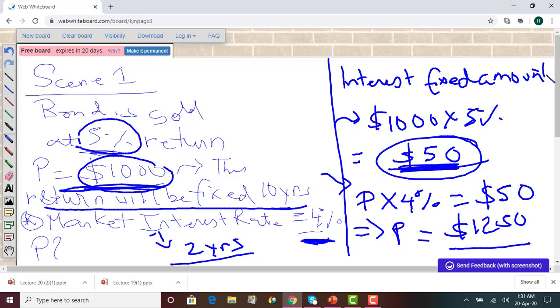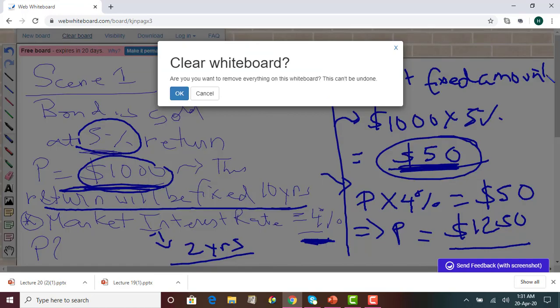So after 2 years the price of the bond will go up in order to make the adjustment so that you still get $50 per year. Okay, I hope this example gives you a good understanding of the relationship between the price of the bond and the interest rate.